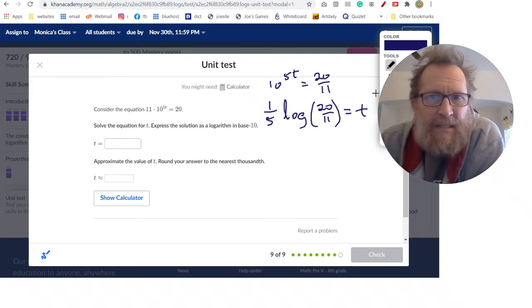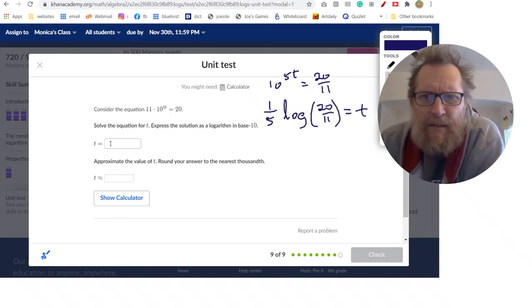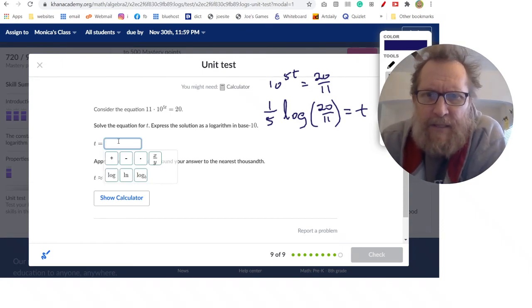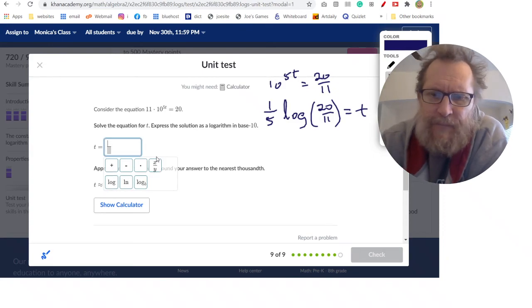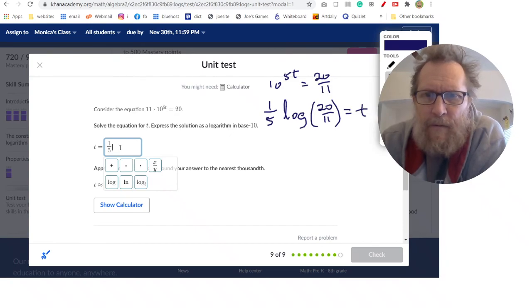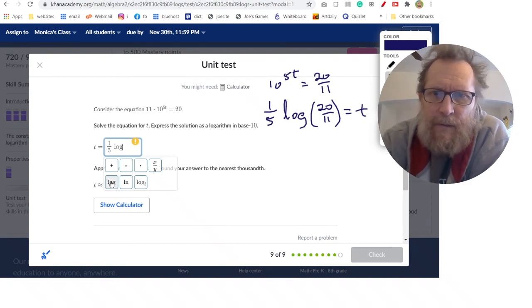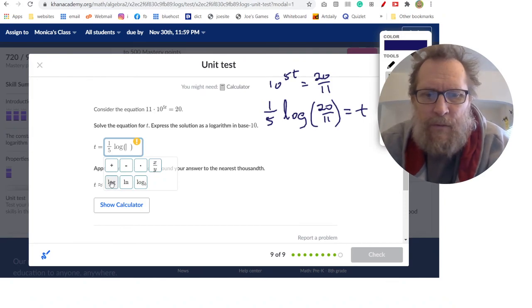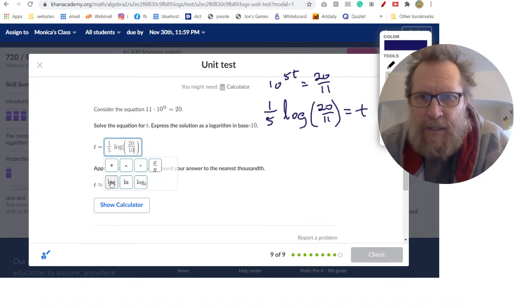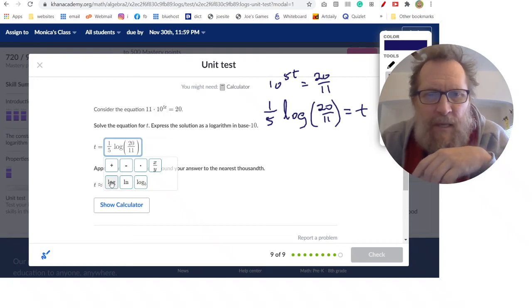So let's see. Let's go ahead and type it in. Okay, so let's start with this 1/5 log of 20 over 11.